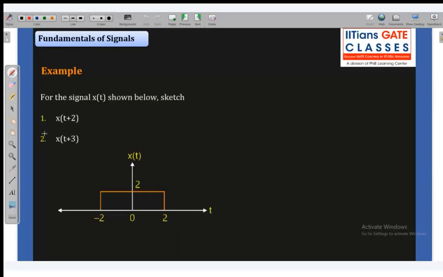Now shifting left. Again, as I told you, you can just write x of t. It is 2 from minus 2 to 2, 0 otherwise. But now I want to write t plus 2. What you will do is just replace t by t plus 2, and 0 otherwise.